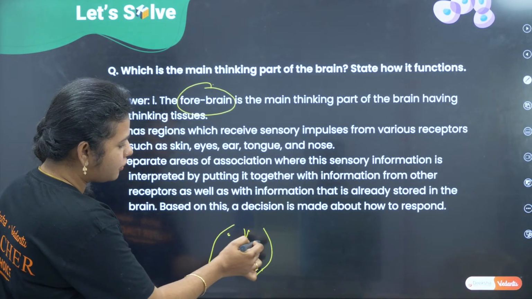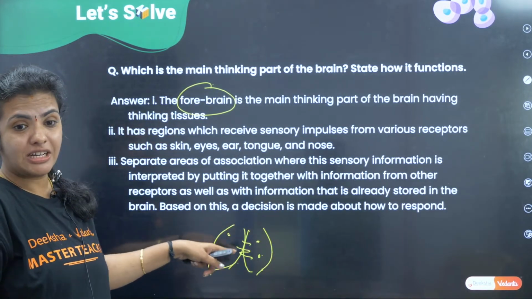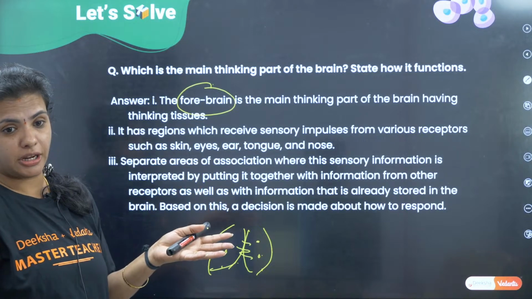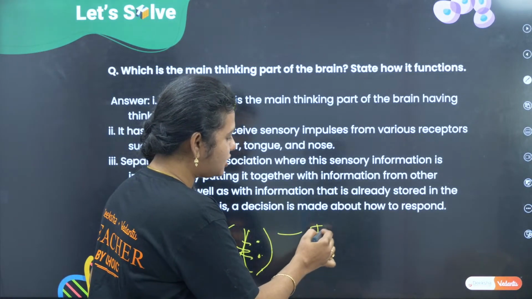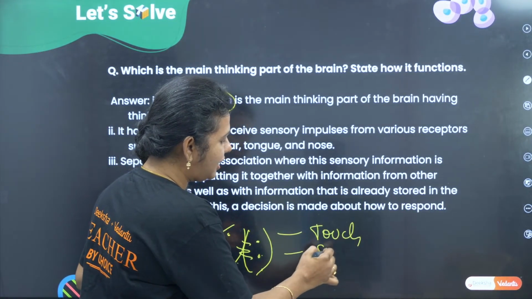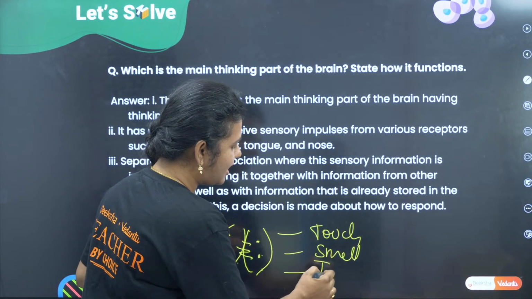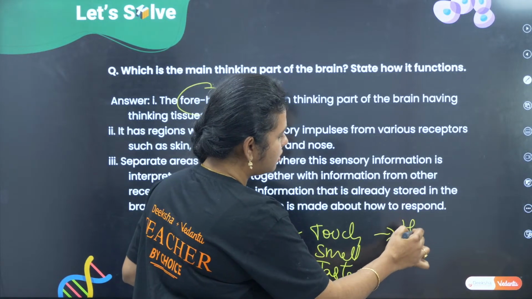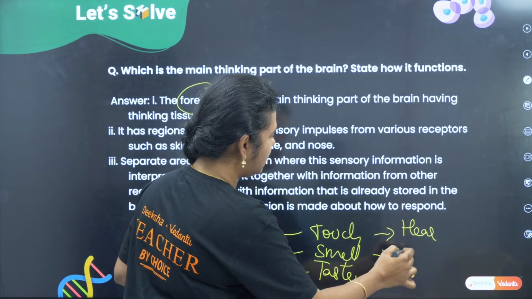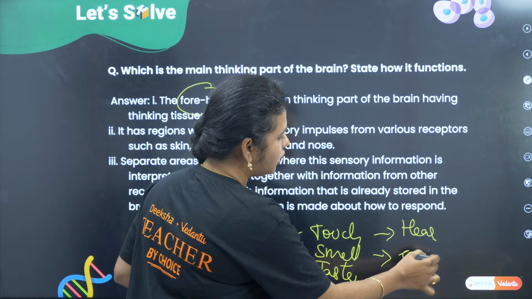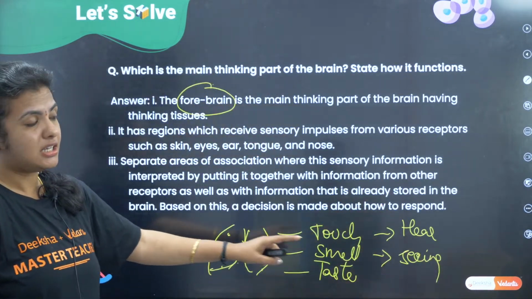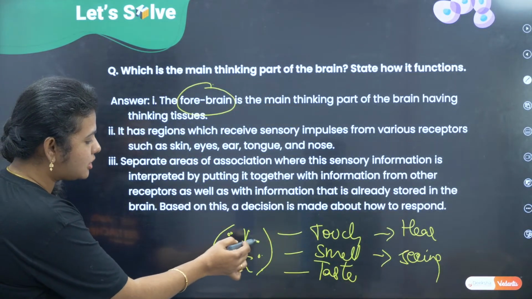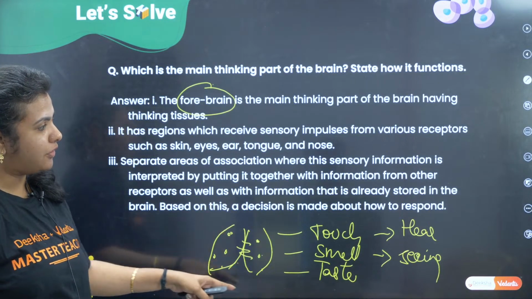At different parts of the forebrain, I am going to have receptors for different sense organs. So, this can be the touch, this can be the smell, this can be the taste, hearing and seeing, eyes. Okay, these are our 5 sense organs. The receptors for all these sense organs are going to be present in the forebrain.